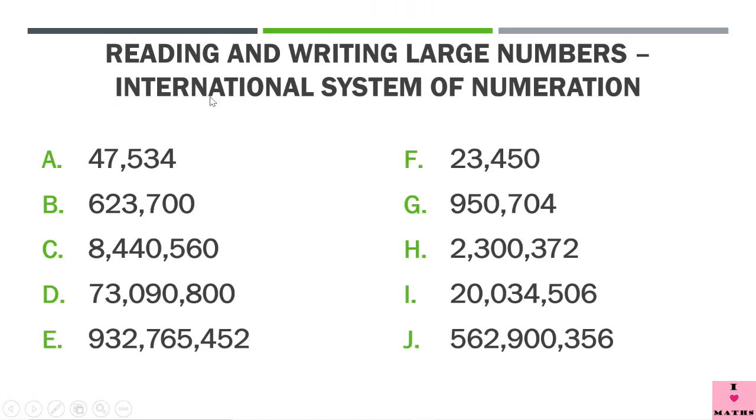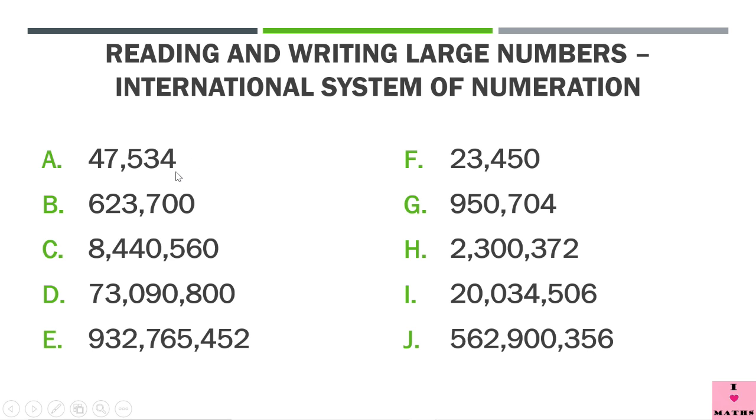So today, children, we are going to read the numbers using commas in the international system, as you see them in your day-to-day life. So let's start. International system of numeration. I hope, children, by now you would have learned the place values in the international system of numeration.